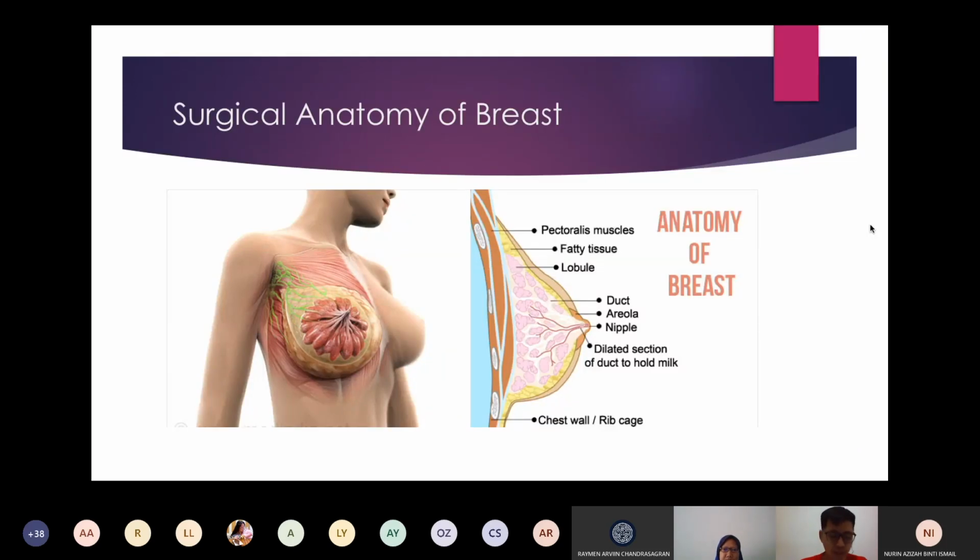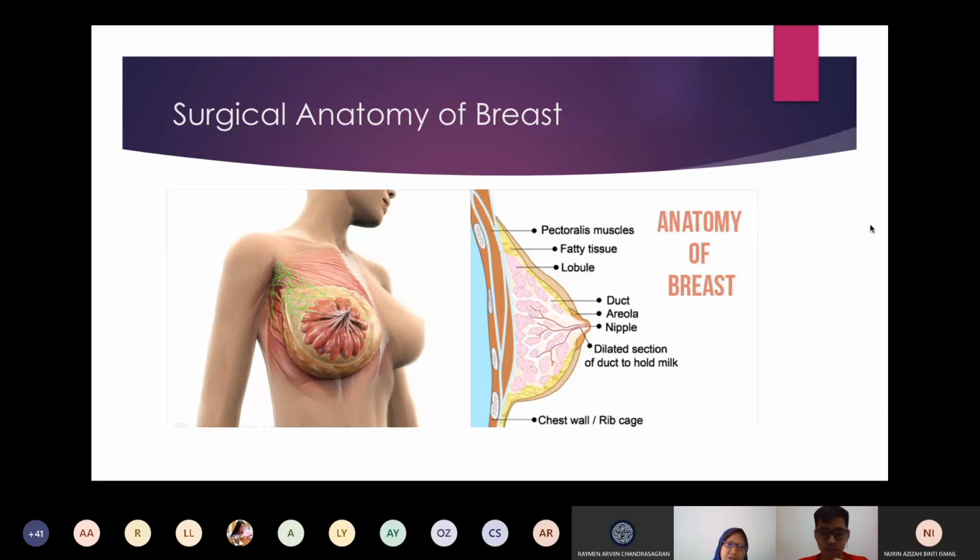Okay, so before we go on, maybe I'd like to go over some anatomy of the breast. So just a warm up. Doctor, what do you think is the most important part in the breast when it comes to surgery? You can see from this slideshow how the breast has developed.